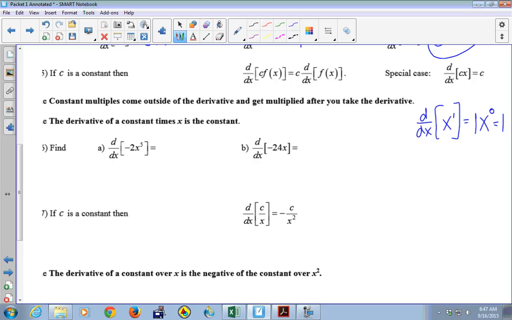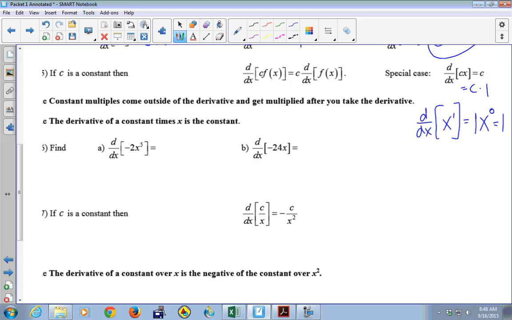So if I wanted to take the derivative of c times x, that's going to end up being c times the derivative of x, which is 1. C. All right, so in practice, what this means is just bring the constant outside and do the multiplication by the constant at the very end.